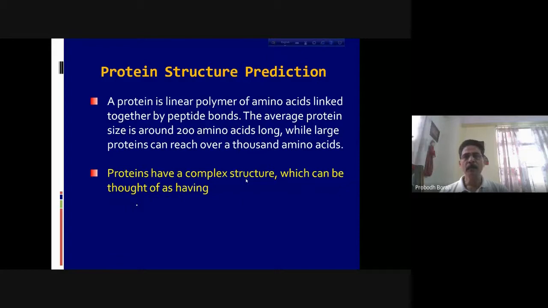Say, for example, for X-ray crystallography, the proteins are to be first crystallized. Unless they are crystallized, the X-ray diffraction method cannot be used for determining the protein structure. Similarly, for using the NMR spectroscopic method, the proteins are to be in soluble form. So all proteins are not soluble, and all proteins are not capable of being transformed to the crystal form.